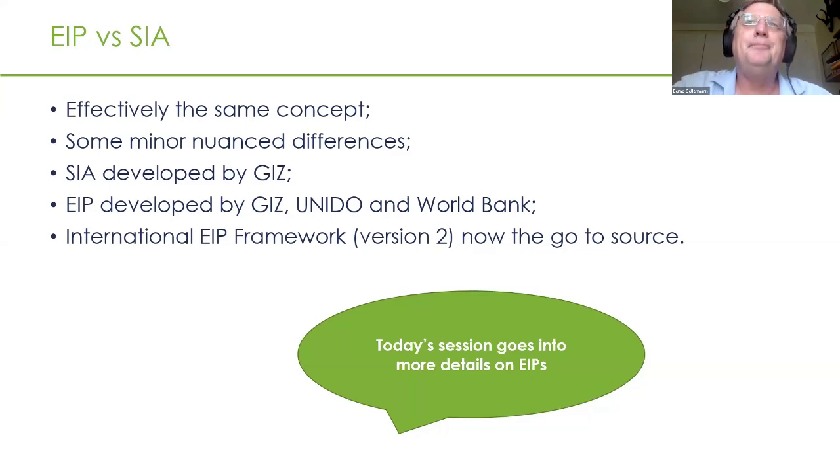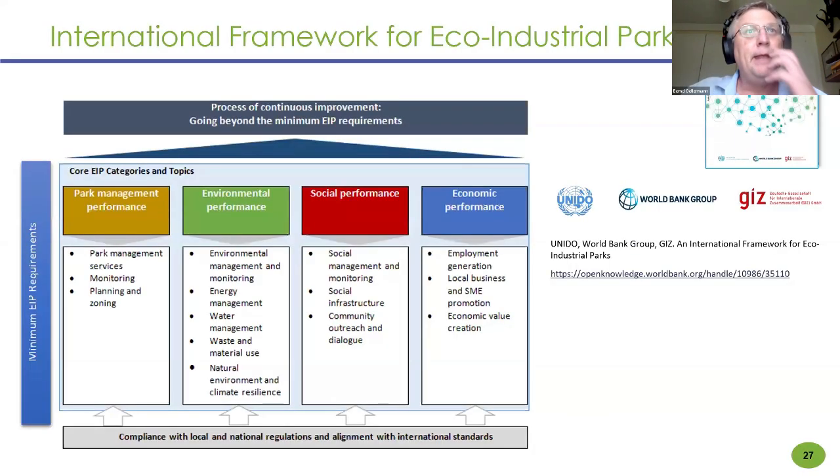And typically, if you think about sustainable industrial development, the International EIP framework is your go-to source. A lot of what was done in the SIA process of GIZ has been incorporated into the eco-industrial park framework.